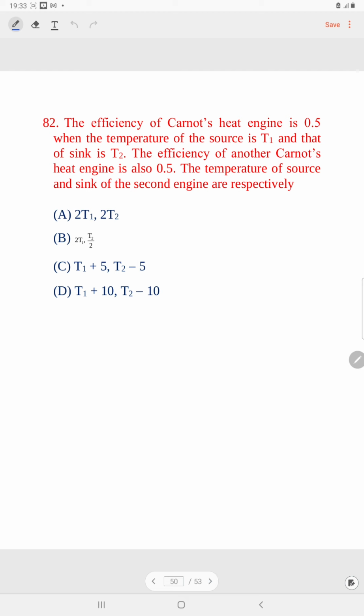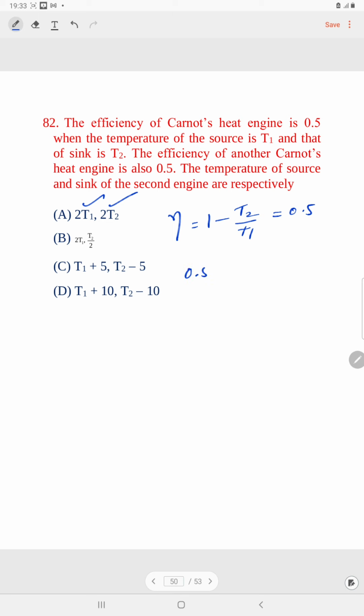The efficiency of a Carnot engine is 0.5 when the temperature of the source is T1 and the temperature of the sink is T2. The efficiency of another Carnot engine is also 0.5. Then the temperatures of source and sink of the second engine are respectively. So obviously they are 2T1, 2T2, because the efficiency expression is 1 minus T2 by T1, and this is equal to 0.5.